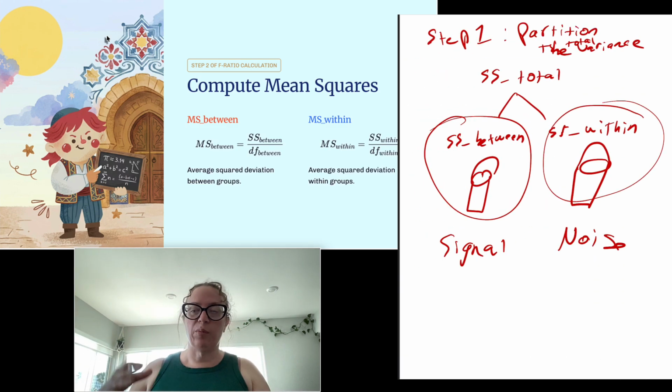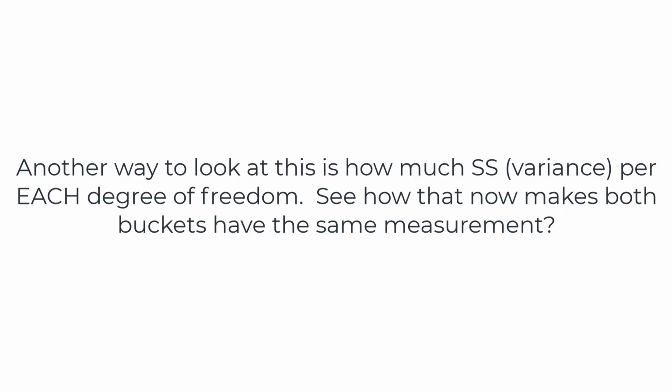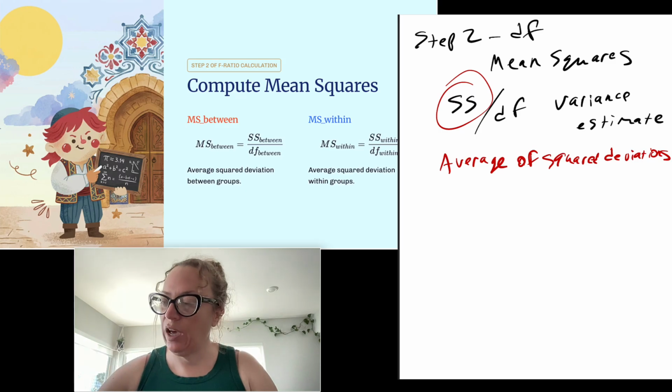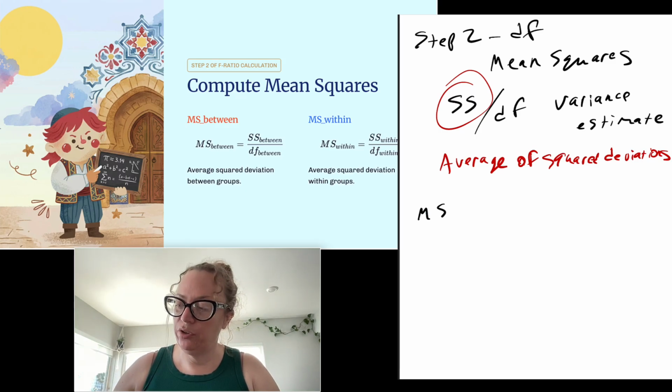How much variability, how much sloshing around of water is there between each bucket? So we have the mean squares of the between bucket, and we have the mean squares of the within bucket.